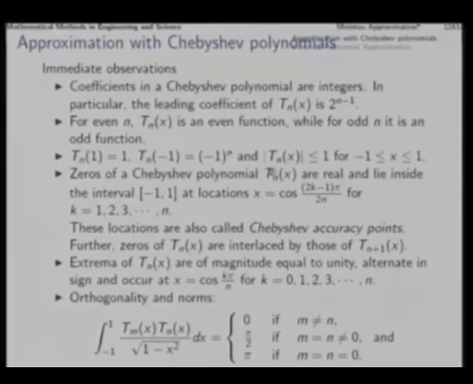And this is a very interesting property: the absolute value of T_n(x) over this interval is always less than or equal to 1. This also is there in the case of Legendre polynomials. Again, the distribution of zeros of a Chebyshev polynomial also shares a similarity with Legendre polynomials.